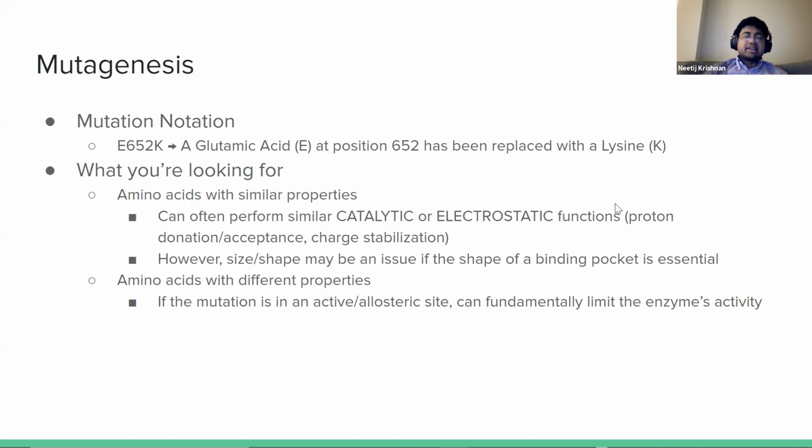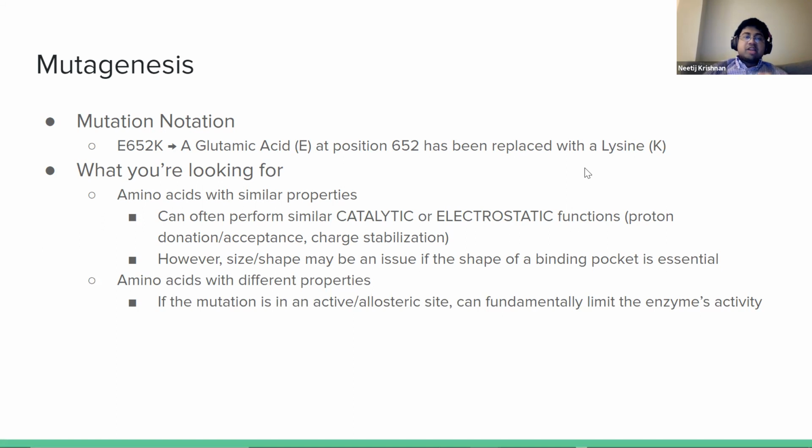So if you lose that and don't have a negative charge, that's going to mess with the enzyme's activity. But if you replace glutamic acid with maybe aspartic acid, which is also negatively charged, maybe that doesn't result in such a huge problem. That being said, switching out one amino acid for the other, even if they have similar charge properties or polarity, might still be an issue if the binding pocket has to be a particular shape.